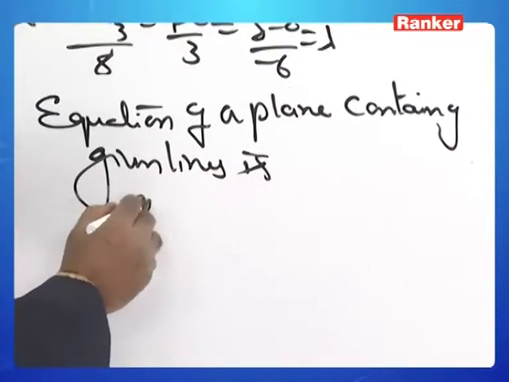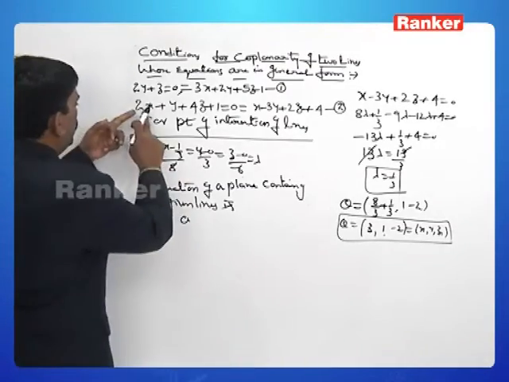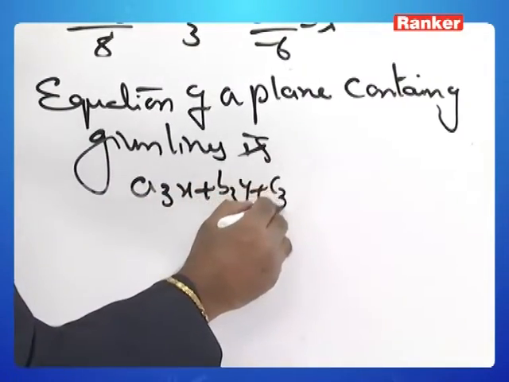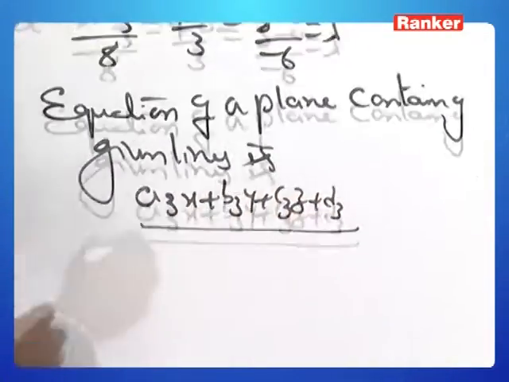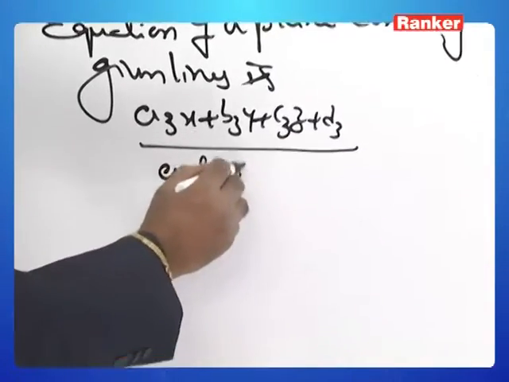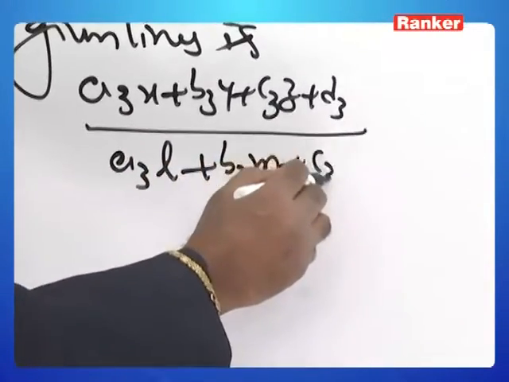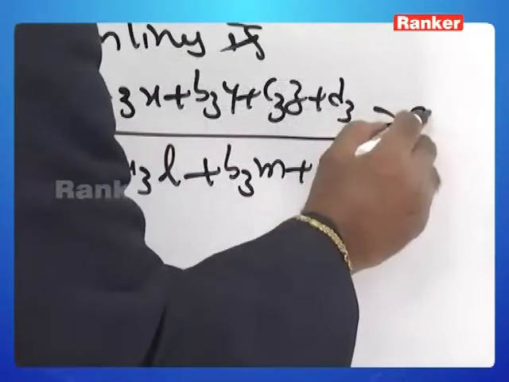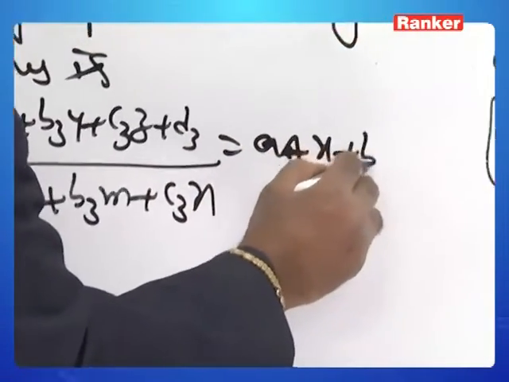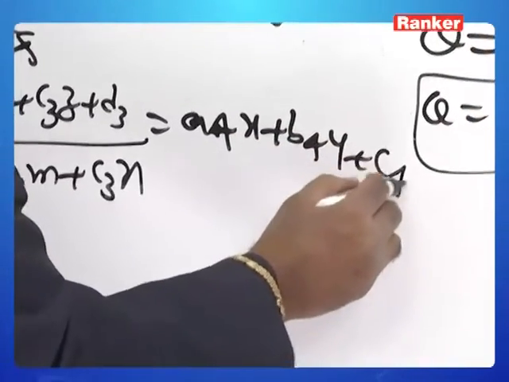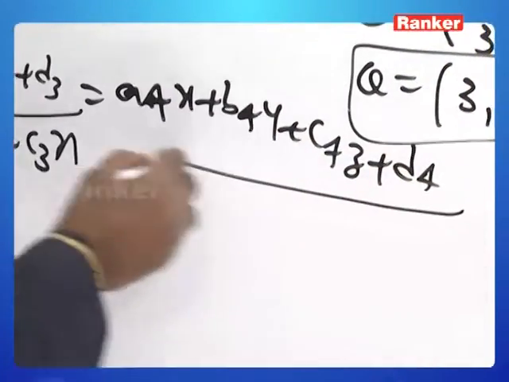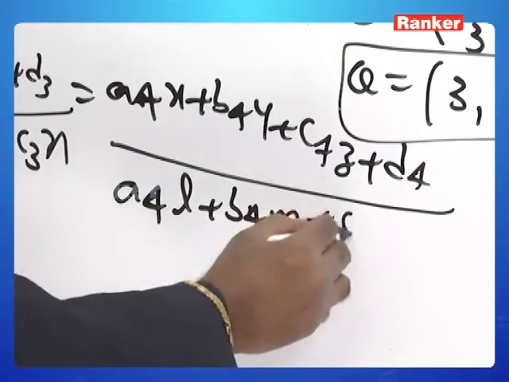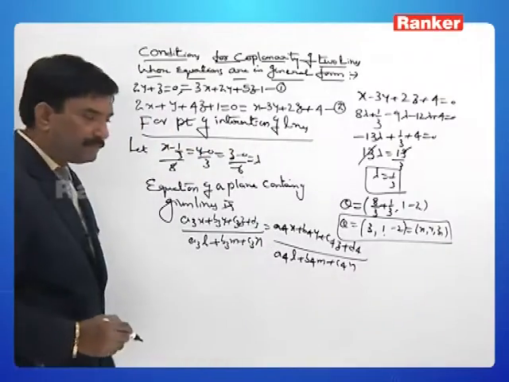It is (a3x plus b3y plus c3z plus d3) by (a3 into L plus b3 into M plus c3 into N) is equal to (a4x plus b4y plus c4z plus d4) whole divided by (a4L plus b4M plus c4N).